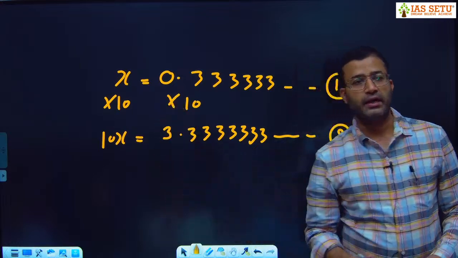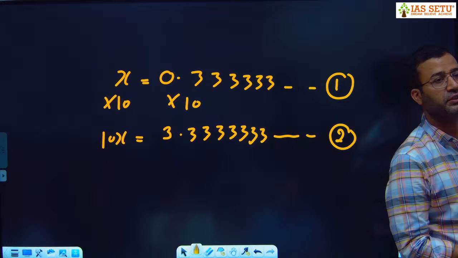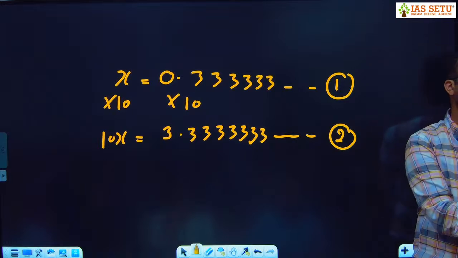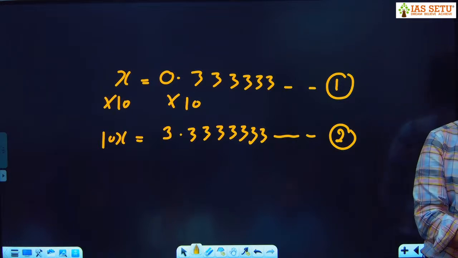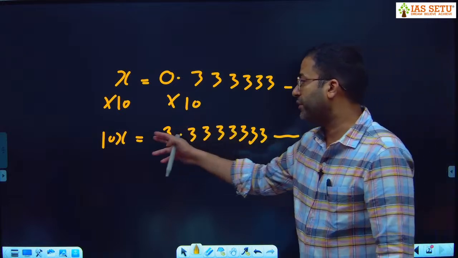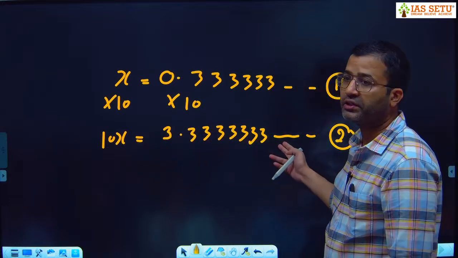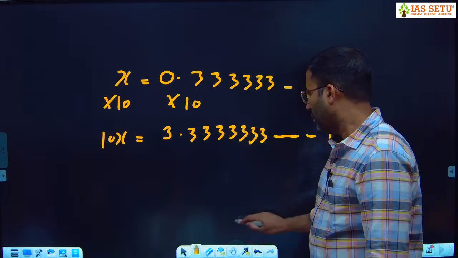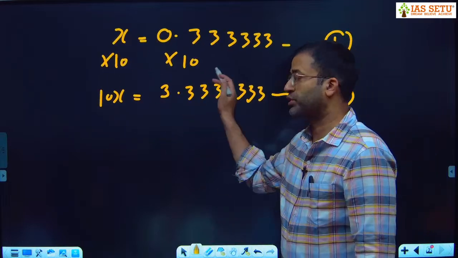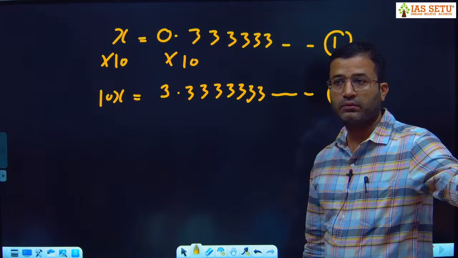I repeat, x is equal to 0.3333. We have to find what is x, that is a fraction, numerator by denominator. Okay, we multiply with 10, 10x is 3.333, so we multiply with 10 on both sides. Now how?